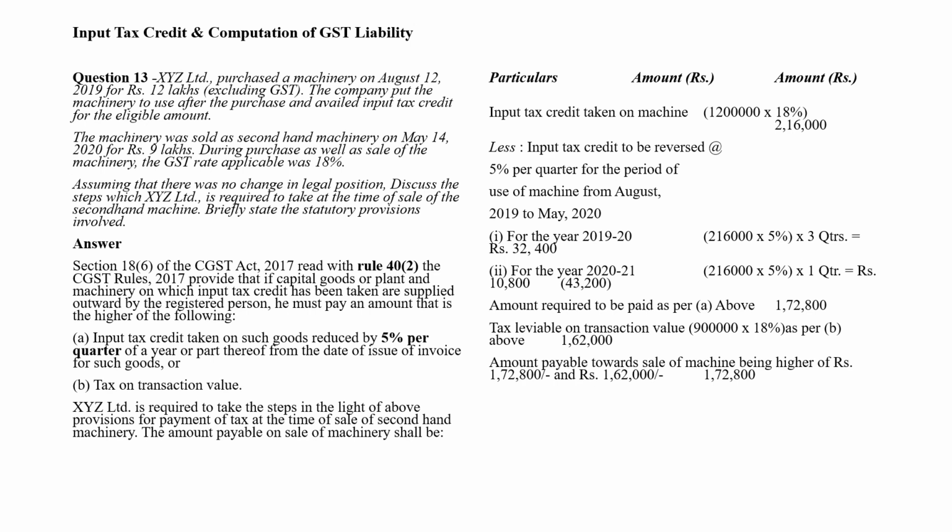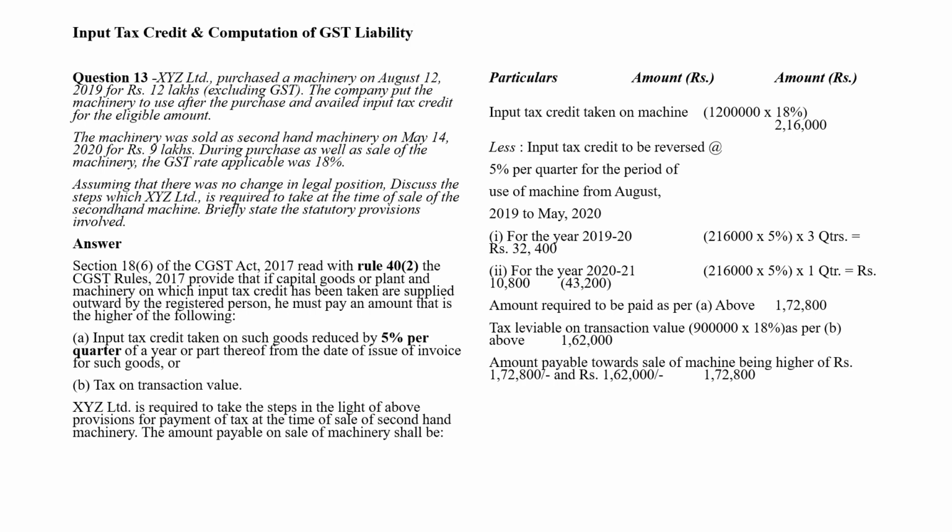So amount required to be paid as per above A is 1,72,800. That is 2,16,000 minus 43,200. The tax leviable on transaction value, that is 9 lakh into 18% as per B above, is 1,62,000.